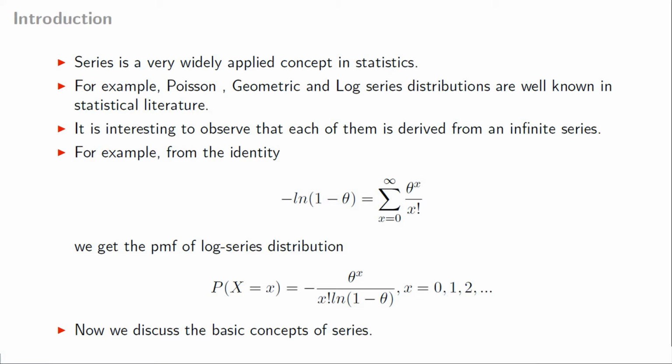In statistics, particularly in probability theory, we know the Poisson, geometric and log series distributions, and it is interesting to observe that each of them is derived from an infinite series.